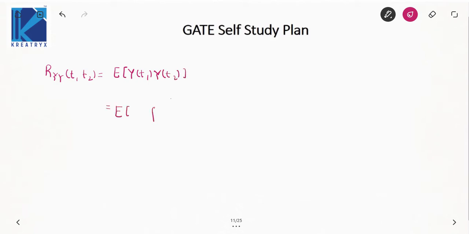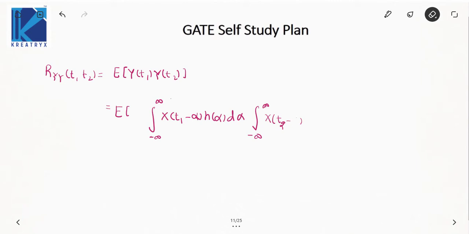Now we can write y of t1 as the integral from minus infinity to infinity of x of t1 minus alpha h of alpha d alpha, and y of t2 as x of t2 minus beta h of beta d beta.